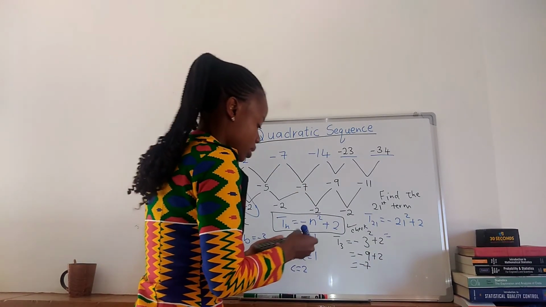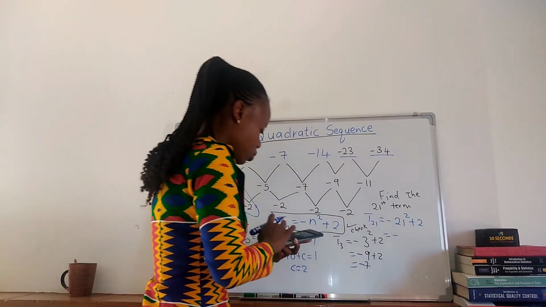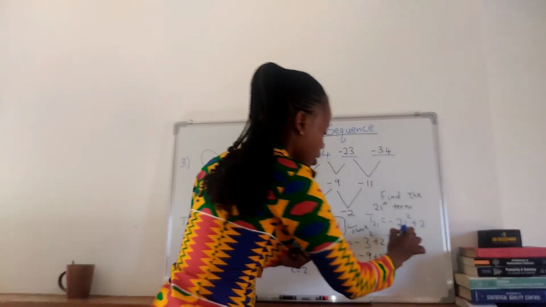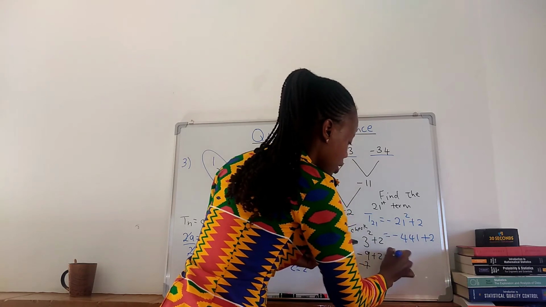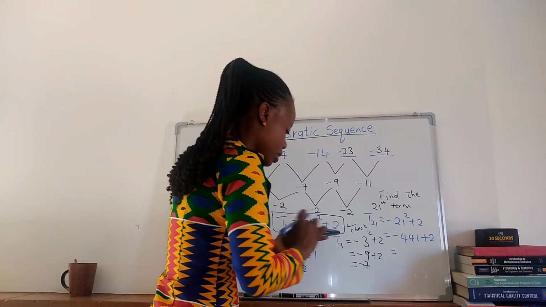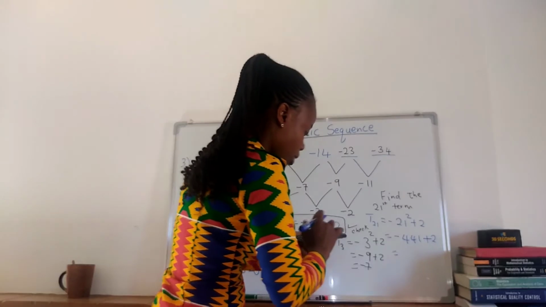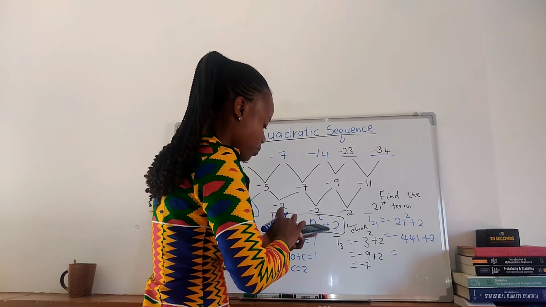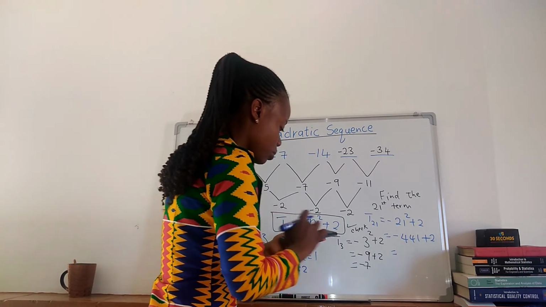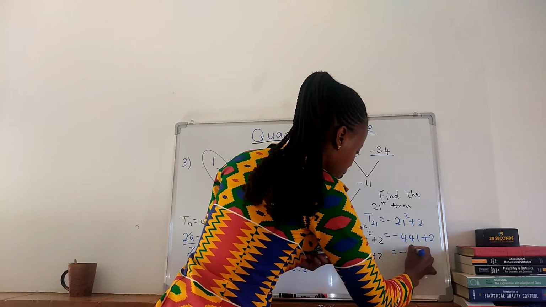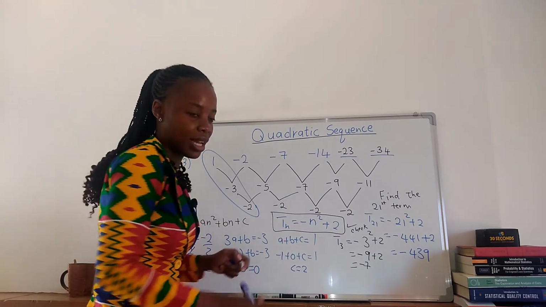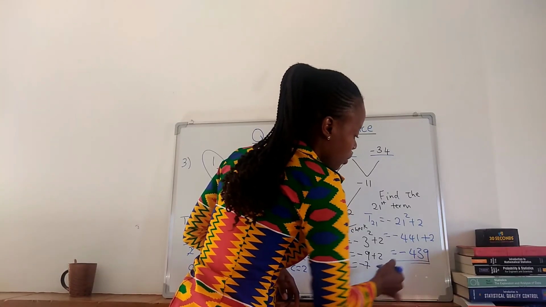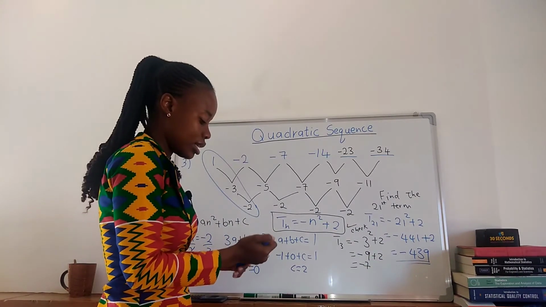So this is going to be negative 441 plus 2, negative 439. So the 21st term is negative 439, right?